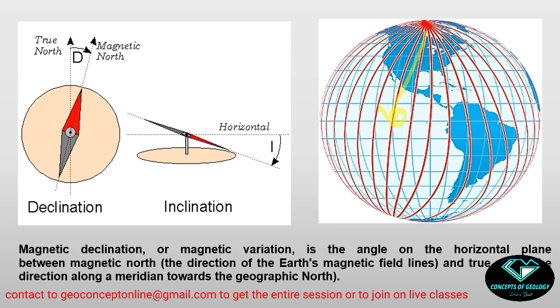They converge at this point, the magnetic north pole, and the blue lines show the latitudes and longitudes. The longitudes, the vertical lines, converge at the geographic north pole, the point through which the rotational axis of the earth passes.